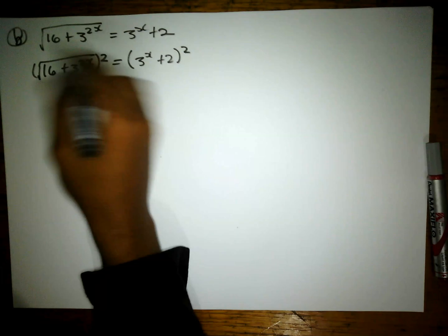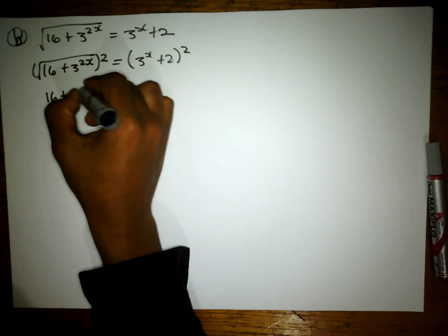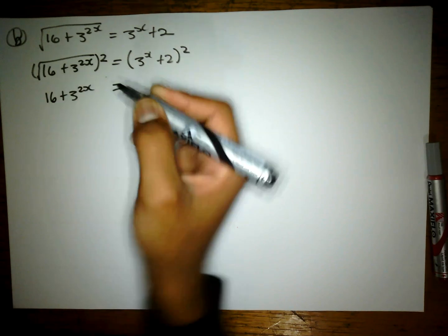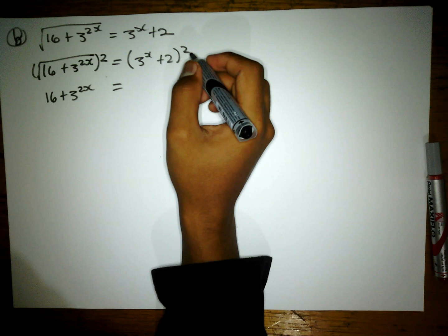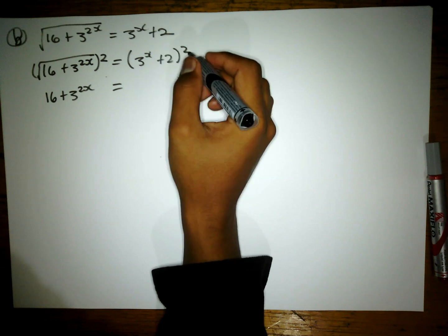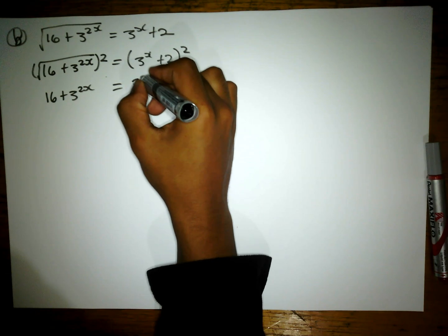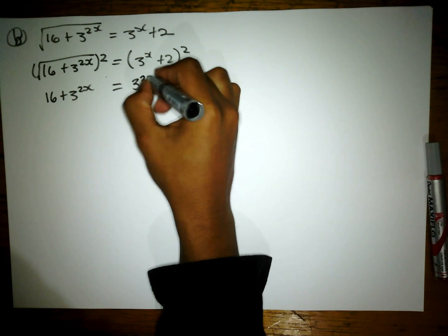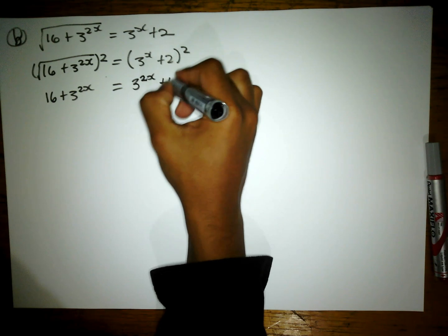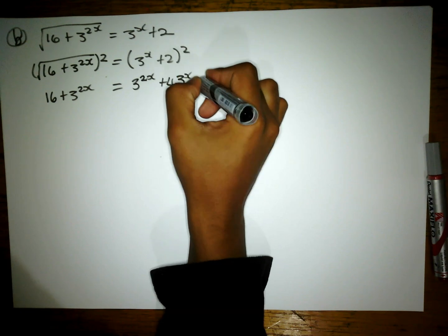When you square a square root, the square root falls away. Whatever is left, it's left over there. So when you expand this, we're going to get 3 to the power 2x plus 4 times 3 to the power x plus 4.